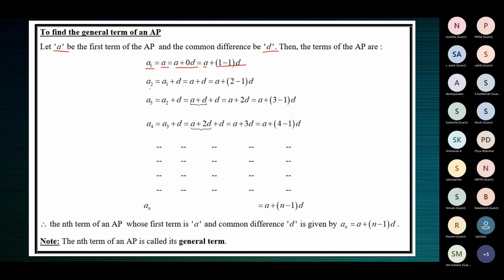The second term, A2, is the first term A1 plus the common difference. That's what we understood. How do we get the second term? The first term plus the common difference, A1 plus D. Now what is A1? A1 is A, the first term.